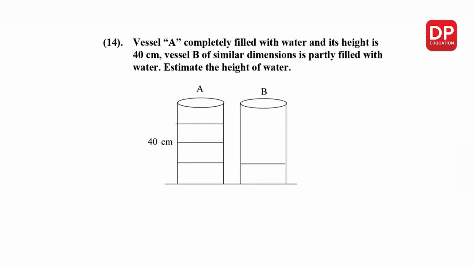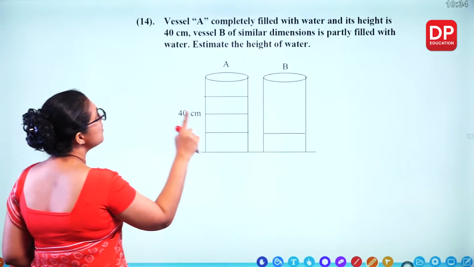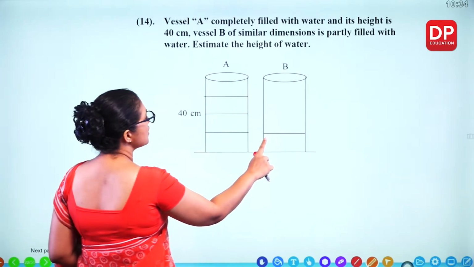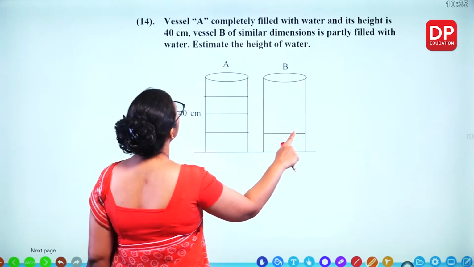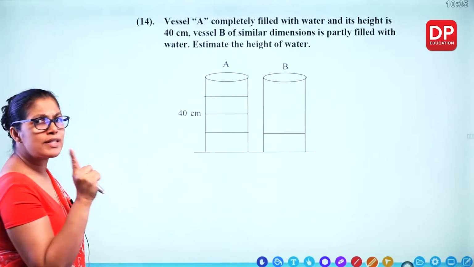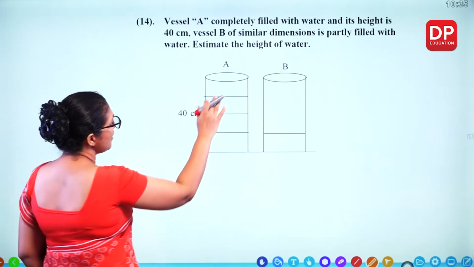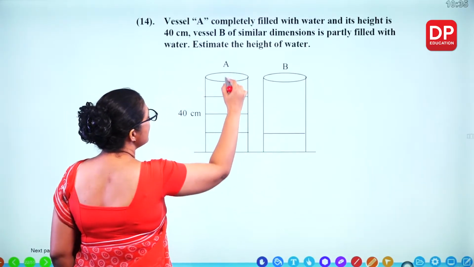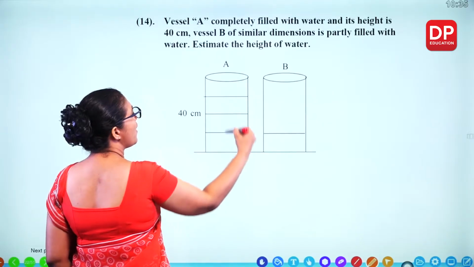Vessel A completely filled with water and its height is 40. So the whole thing is 40. Vessel B of similar dimensions is partly filled with water. So this much of water. Estimate the height of water. Now can you see? This part is divided, the whole thing, into 4 parts.